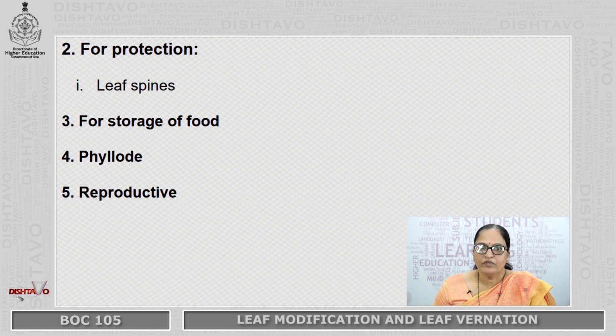The second modification is for the purpose of protection, and the leaf gets converted into spines. The third modification is for the storage of food. The fourth one is known as phyllodes, and the fifth one is for reproductive purposes, where the leaf gets modified.